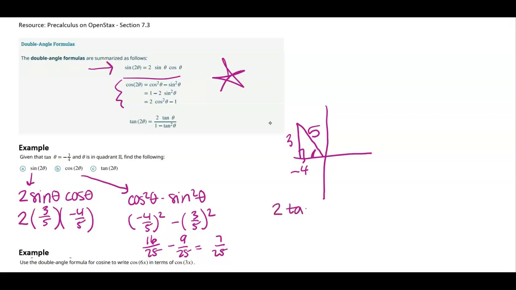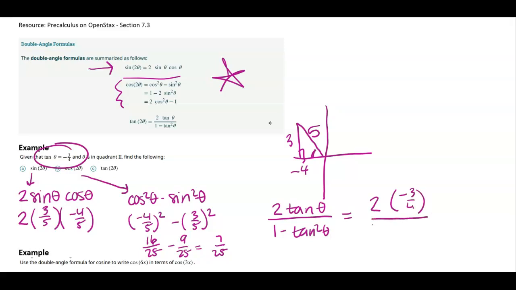So that's going to be 2 tangent theta all over 1 minus tangent squared theta. So I already know tangent theta, that's given to me, so that's 2 times -3/4 all over 1 minus (-3/4) squared. Again, I might just want to leave this in unsimplified form, or if I wanted to go ahead and simplify, I'd have -3/2 over 1 minus 9/16.